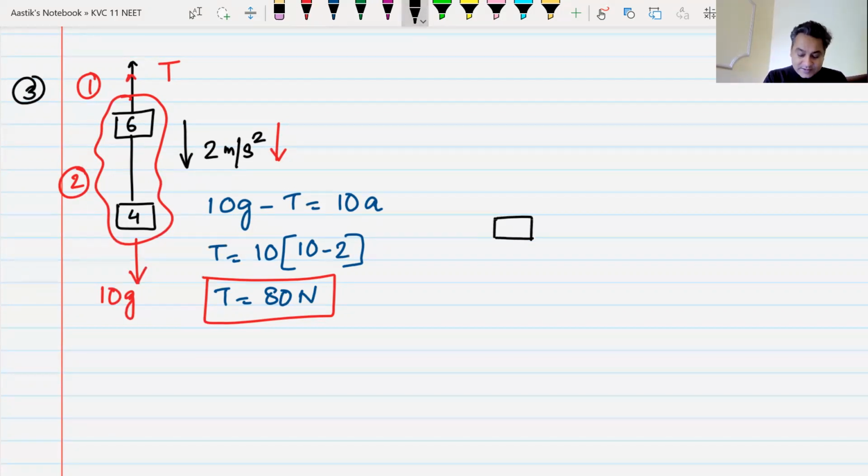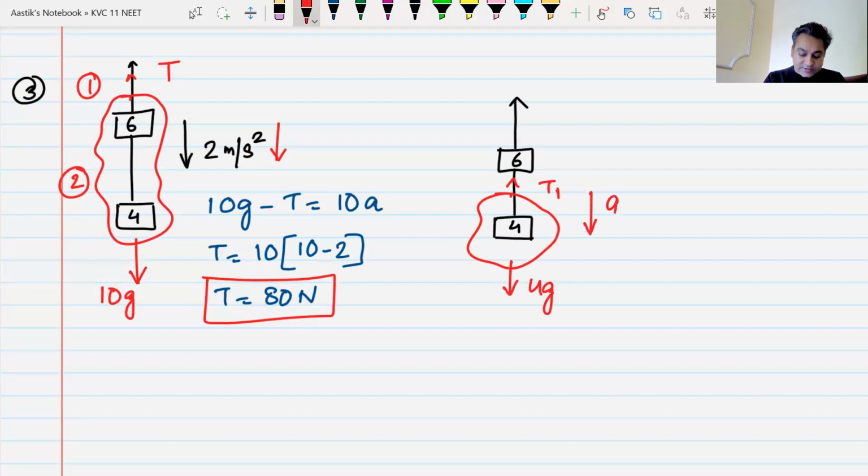Now let me make the second diagram also quickly so that I can tell you the second concept as well. This is 6, this is 4. Now to understand this, I will take this block as 1. Now the force on this is the tension T1 in the lower string. 4G is downwards. The acceleration is downwards. So what is the equation of this block, my dear friends? 4G minus T1 is equal to 4A.